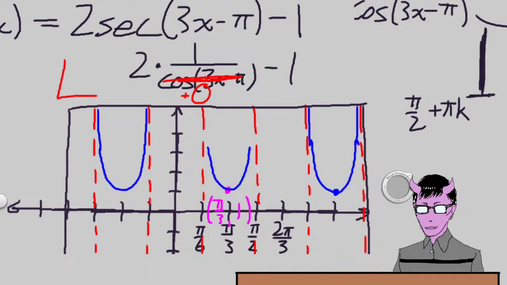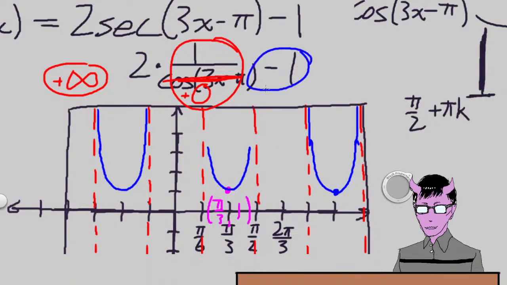So subsequently, since we're still in quadrant number 1, this whole ratio becomes a huge number, which I'll represent using this infinity sign, but it's still going to be positive. So 2 times a really huge positive number is going to explode upwards. It doesn't matter that we're subtracting 1.